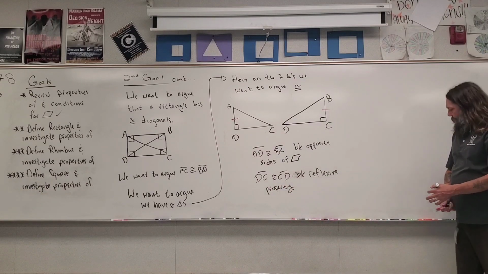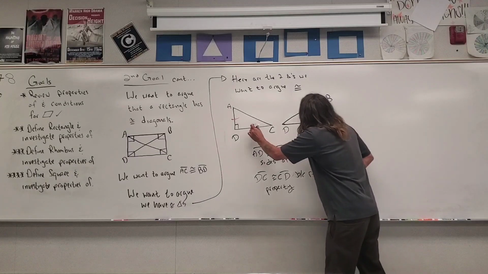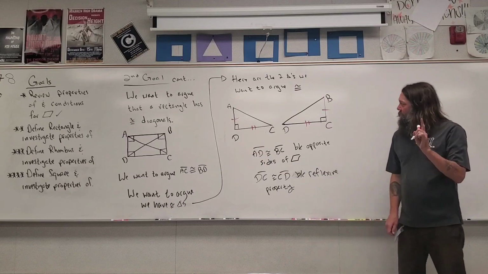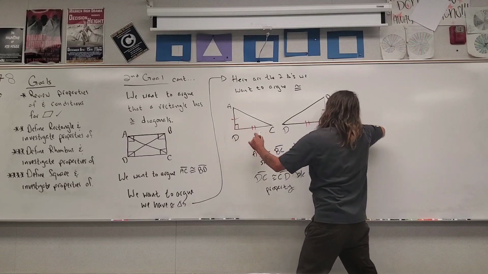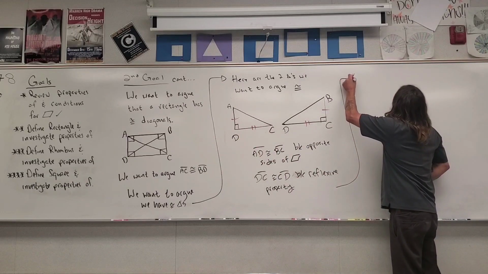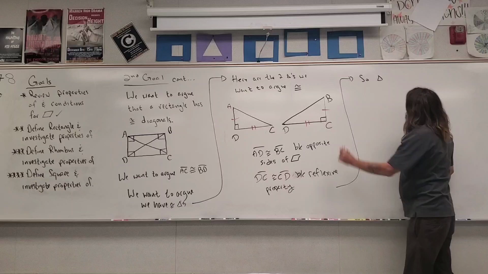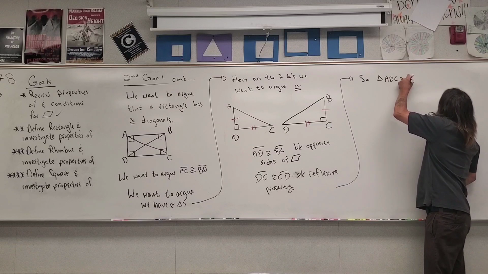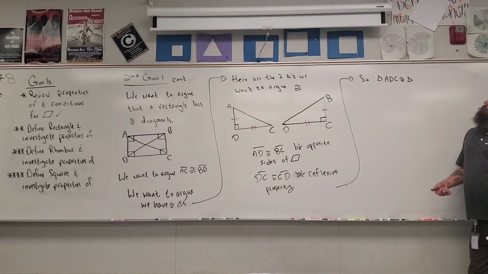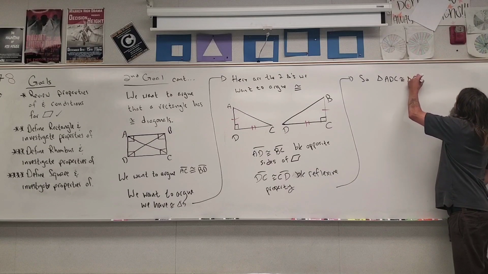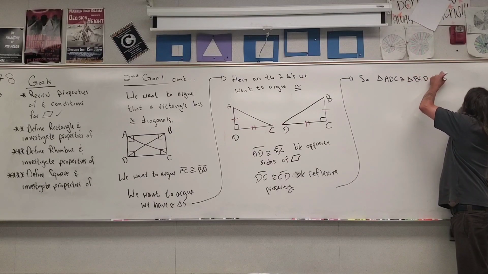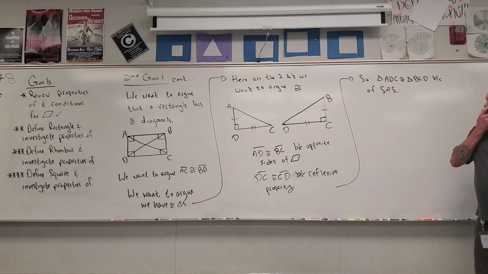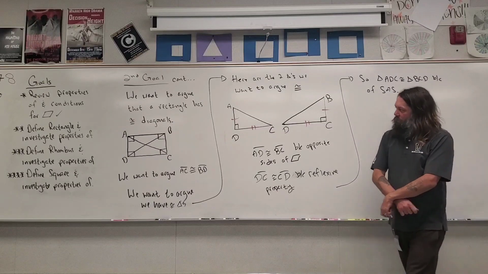Okay. Now, our two triangles are congruent because of, don't say hypotenuse leg just because it's a right triangle, but they're congruent because of side, angle, side. So triangle ADC is congruent to triangle BCD because of side, angle, side, which means we can list the congruent corresponding parts, right?